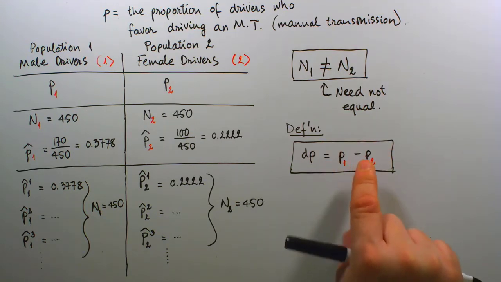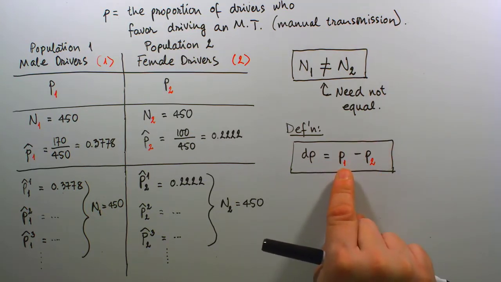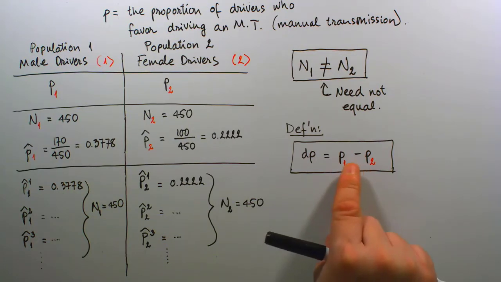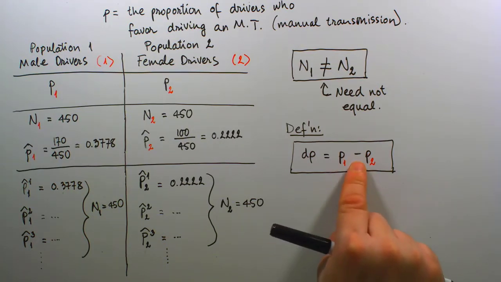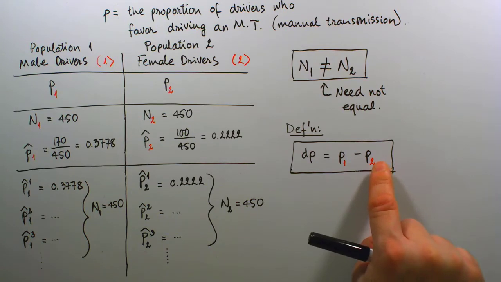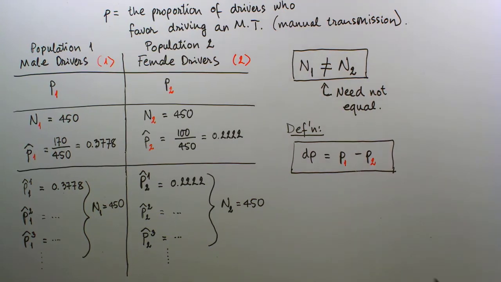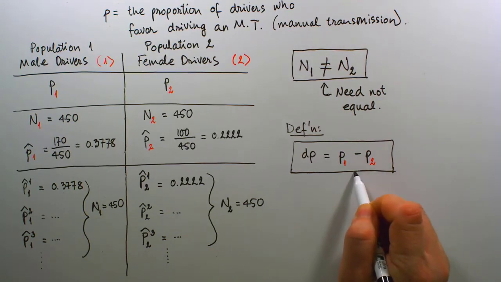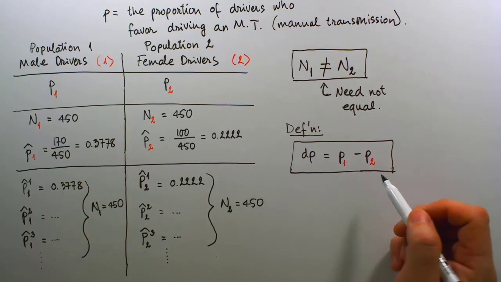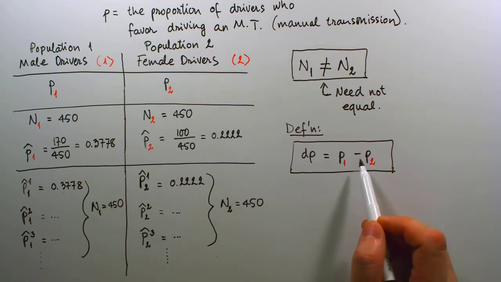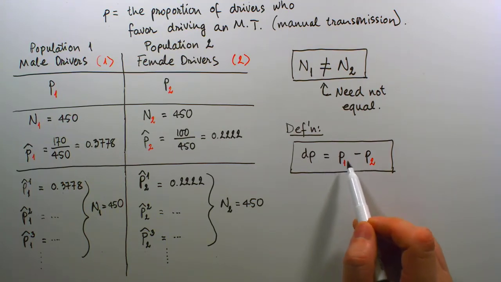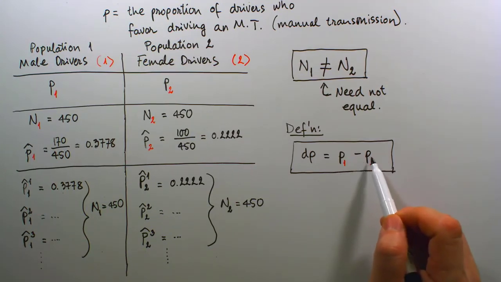By order, I mean the value that came out from population 1 always stays in front of the minus sign, and the value that comes out from population 2 always stays after the minus sign. So for now we keep that as a definition, and the convention here is we always stay in that order: population value from population 1, whoever that is in that row, minus population value from population 2.